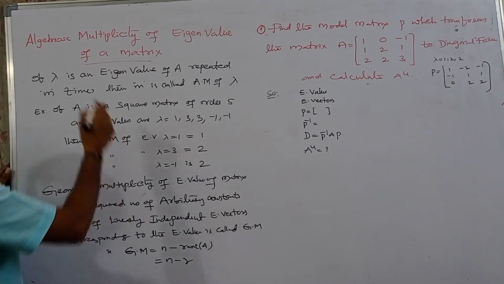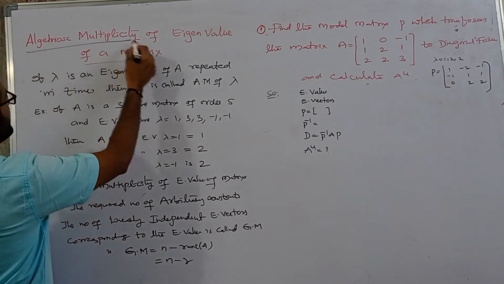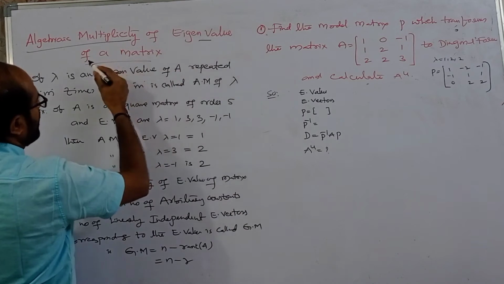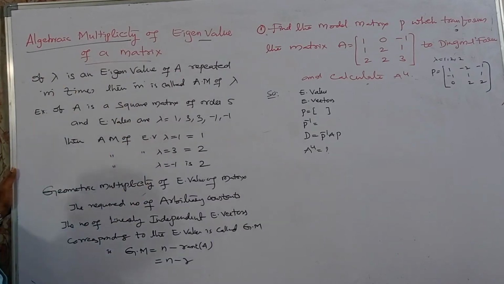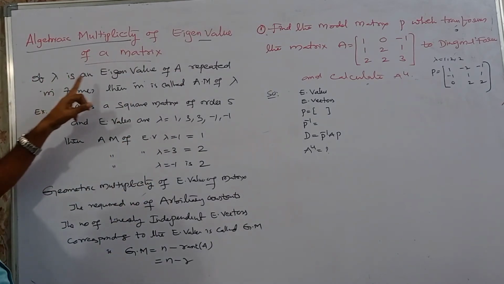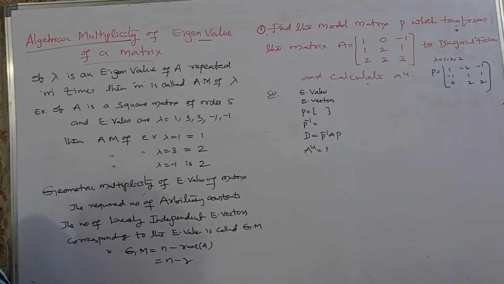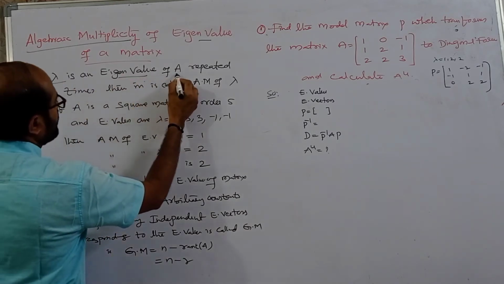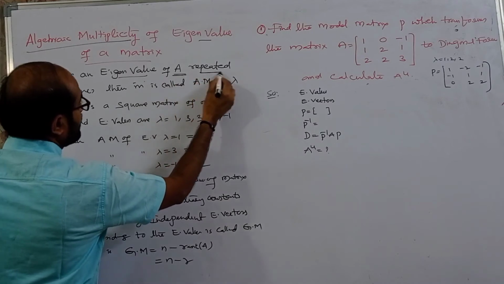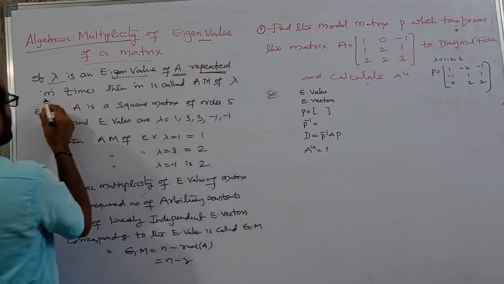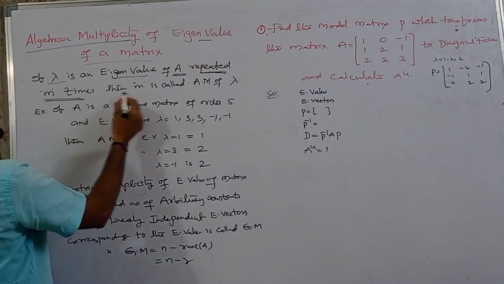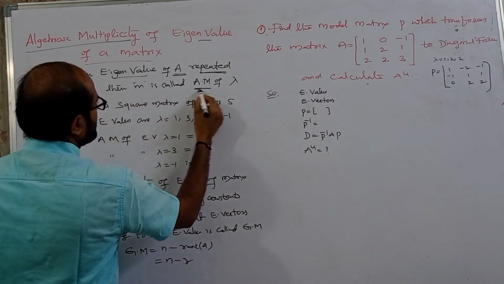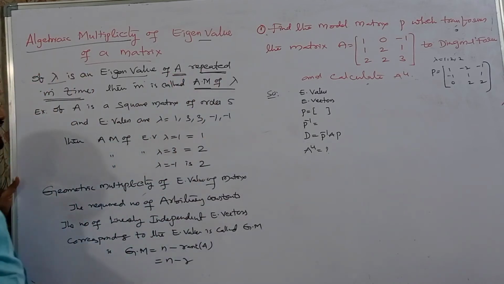See, algebraic multiplicity of eigenvalue of a matrix. If lambda is an eigenvalue of a matrix A, repeated m times, then m is called algebraic multiplicity of the eigenvalue lambda of the matrix.